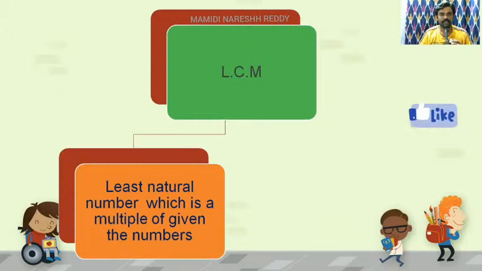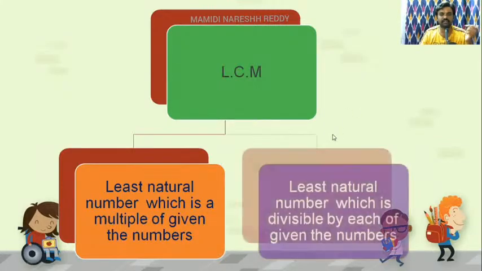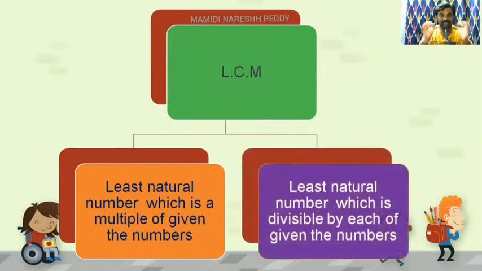Got the point? In other words, we can also say the definition: the least natural number which is divisible by each of the given numbers. Let us check this definition by taking one example now.